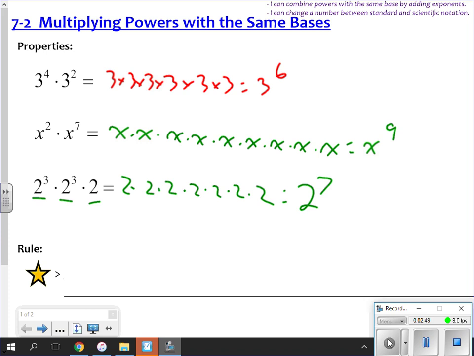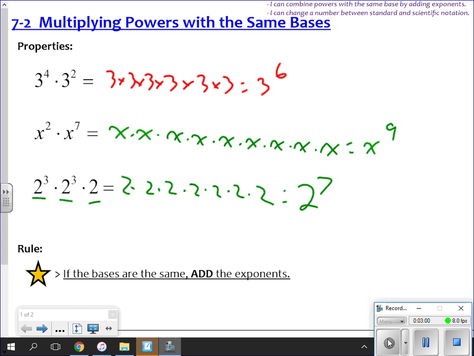Do you see a pattern to what we are doing here? Do you see the relationship between these exponents here and those exponents there? That is our new rule. If the bases are the same and you're multiplying, you add the exponents.